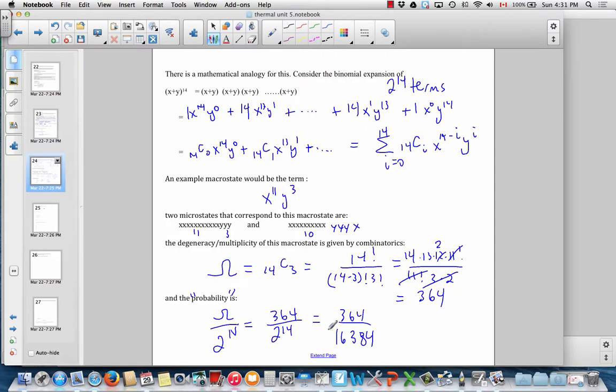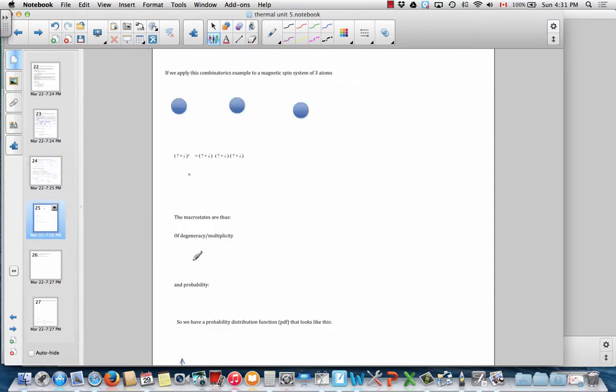All right, so why are we doing this? Well, because, of course, it's a perfect analogy for the magnetic atom problem, because with magnetic atoms, they can be up or down, so we could think of up as being the x and down as being the y. So if we only had 3 atoms, let's not do 14, let's just do 3, then the first one could be up or down, the second one could be up or down, the third one could be up or down.